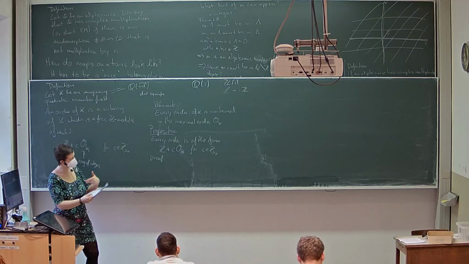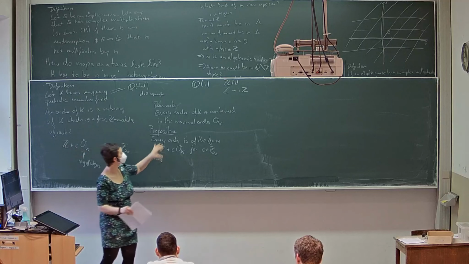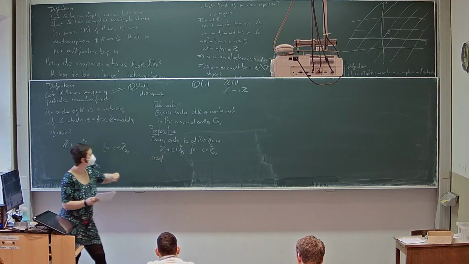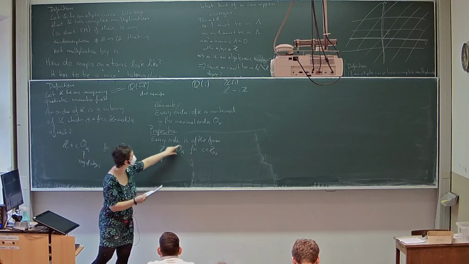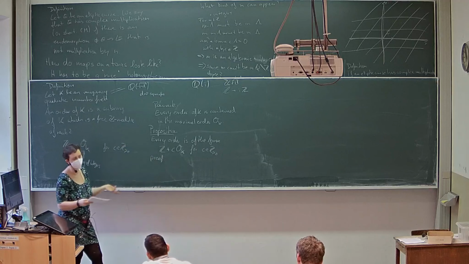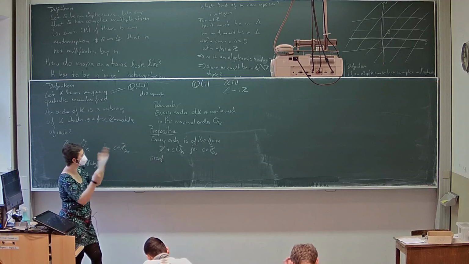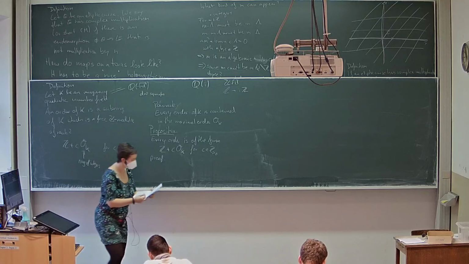First we prove that all things in this form are orders. And then we prove that with this construction we get all the orders. Okay.